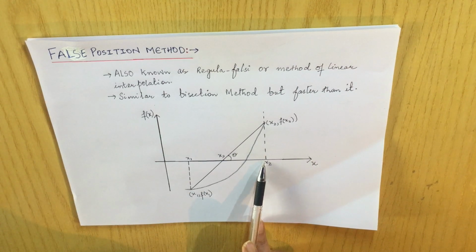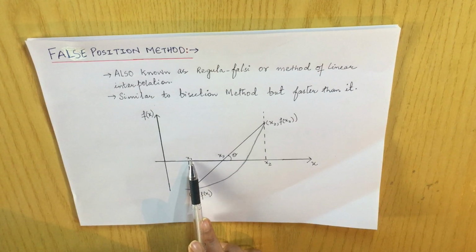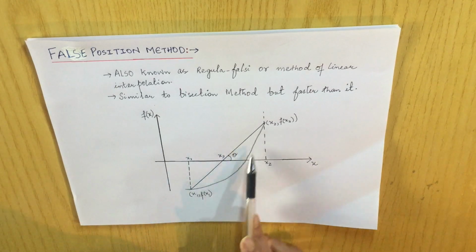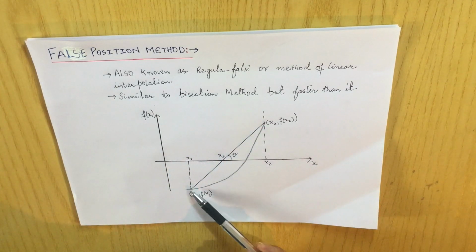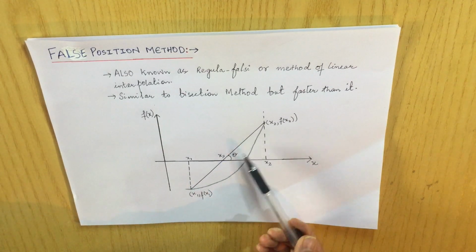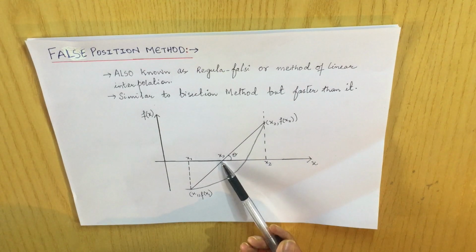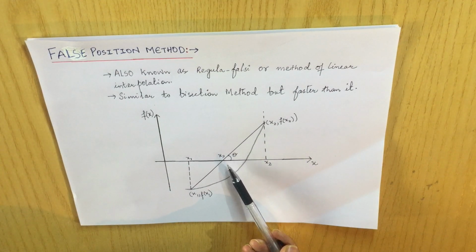Here we have the point x2, and here the point x1. Let us join these two points through a straight line. This line will intersect the x-axis at a point. Let that point be x3. This x3 will be our new considered point.